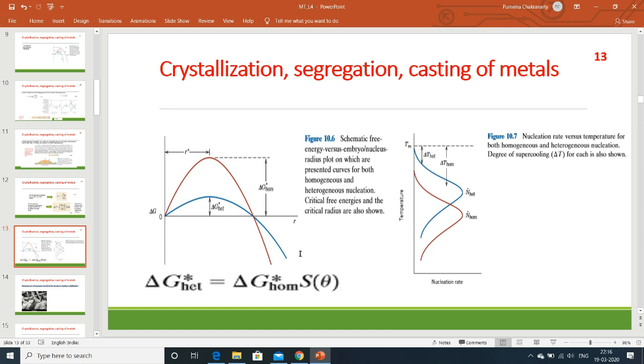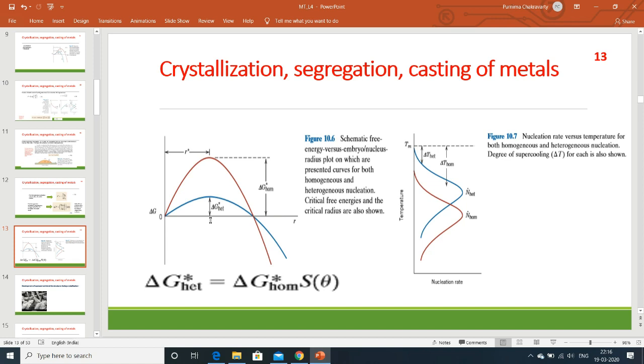Okay, so in this first figure, figure number 10.06, it's a schematic plot of free energy versus embryo or nucleus radius, with curves for both homogeneous and heterogeneous nucleation. Here you can see the blue line, which stands for heterogeneous nucleation.